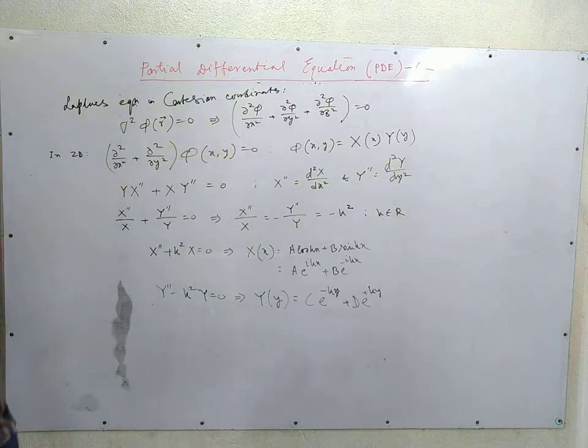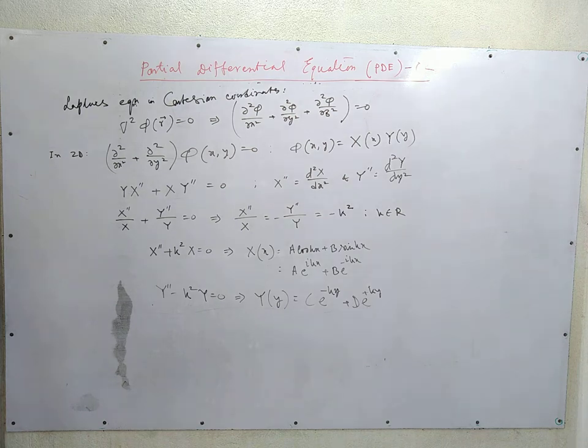That is to say, if we want to solve Laplace's equation in the Cartesian coordinate system in 2D, then we have a sinusoidal solution in one direction and an exponential solution in the other direction.